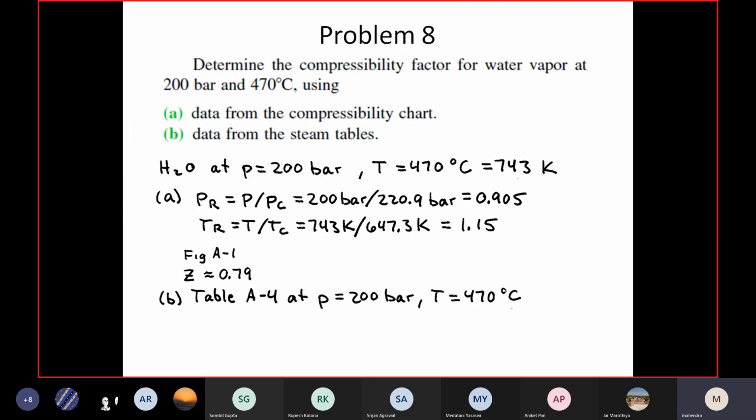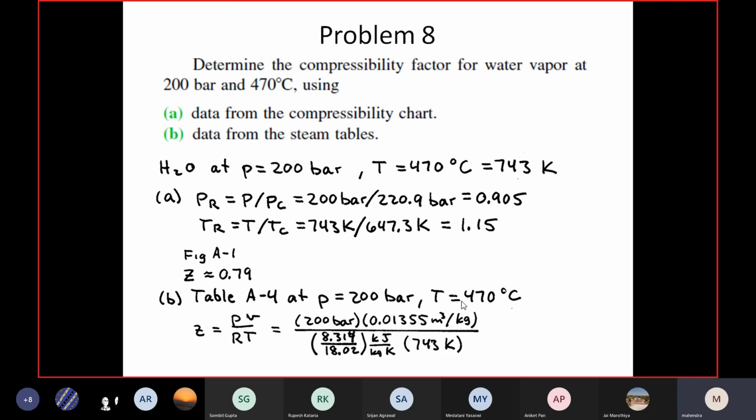Now here in the problem it is asked to calculate from the chart as well as from the steam table. How will you calculate from the steam table? At this temperature and at this pressure, we will be calculating the Z value. Pressure we know. For this pressure and temperature, you will be finding out your specific volume. That is the only thing we are getting, specific volume.